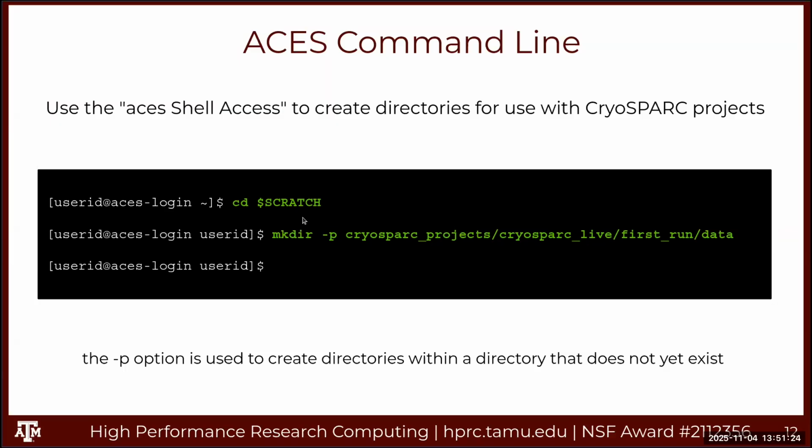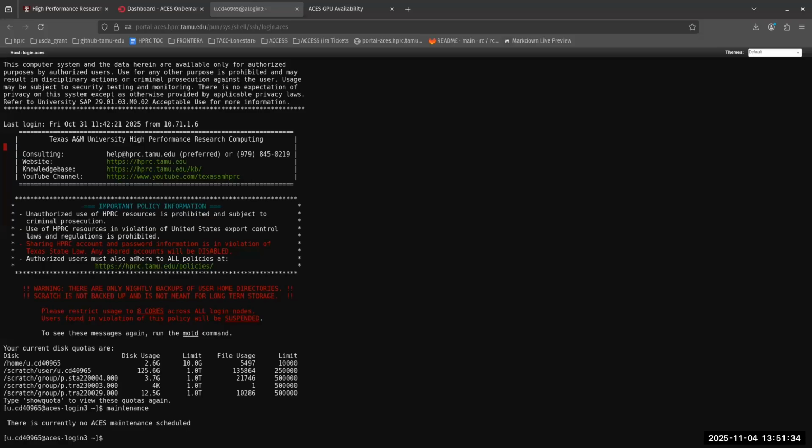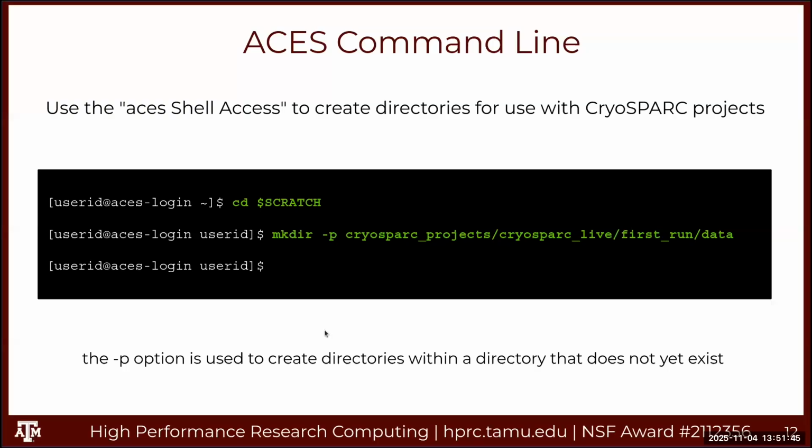Of course, you can name this whatever you want, but make sure you use your Scratch directory. Your Scratch directory has a beginning quota of 1 TB. You can see mine's at 1 TB, but we also get a project directory which has a max of 5 TB.